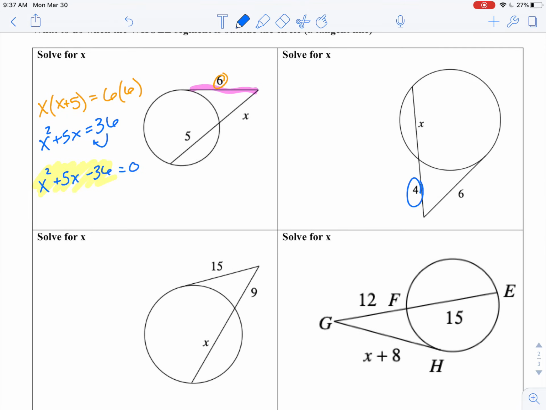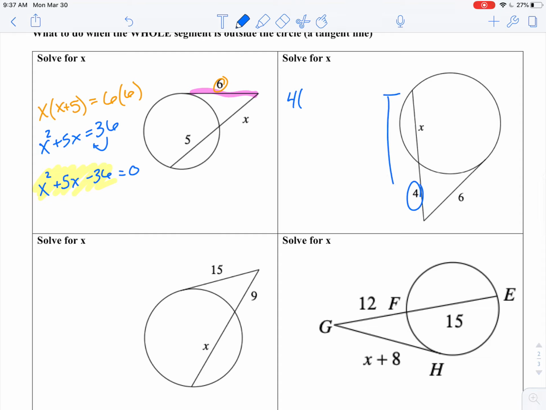So let's just set up the next 3, just our first step. Part outside times the whole thing. So 4 times the whole thing is 4 plus x equals part outside the circle is 6.